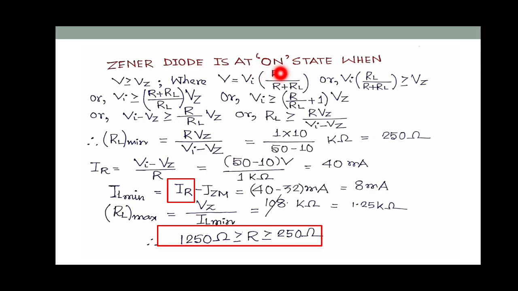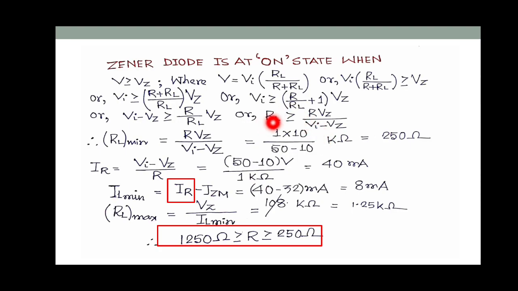Now the Zener diode is in the on state when V is greater than or equal to Vz, where V equals Vi into RL by R plus RL. From this, if we proceed, we can find that RL is greater than or equal to R Vz by Vi minus Vz.